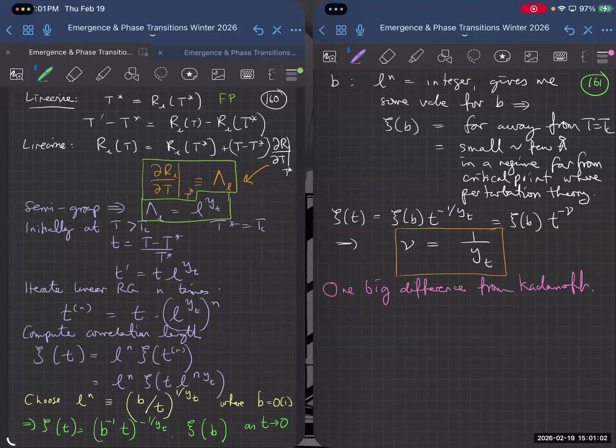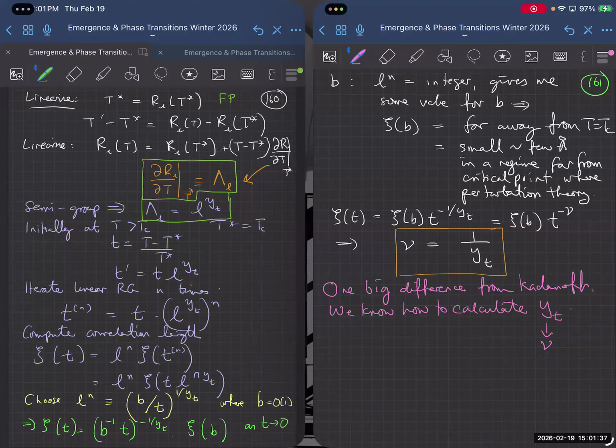And so what that means is we know how to calculate y sub t. It's not just some random number. If I've got a renormalization group transformation, it's just a nonlinear function, and then I can do the differentiation and calculate what y sub t is. And so I've calculated y sub t, and therefore I've calculated the critical exponent nu.